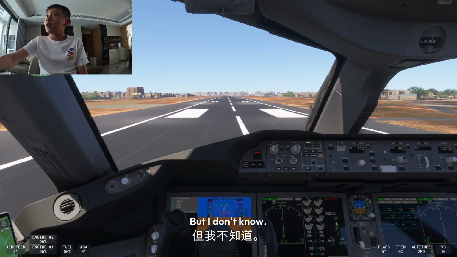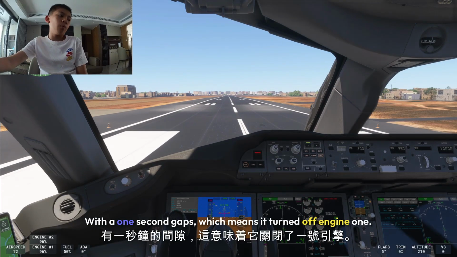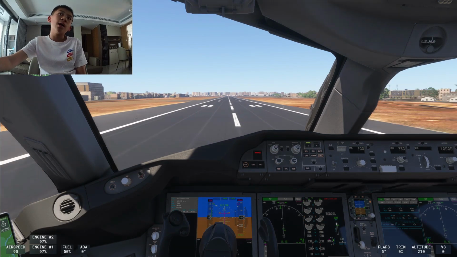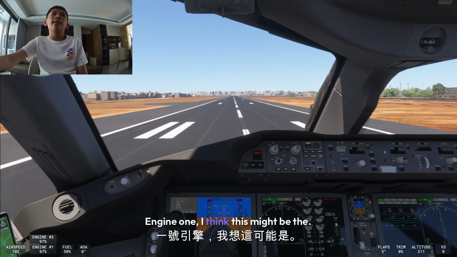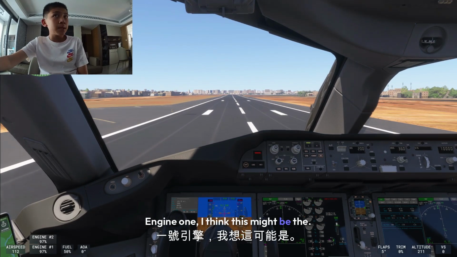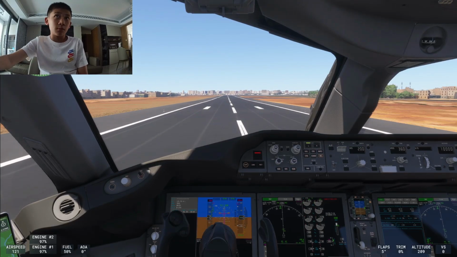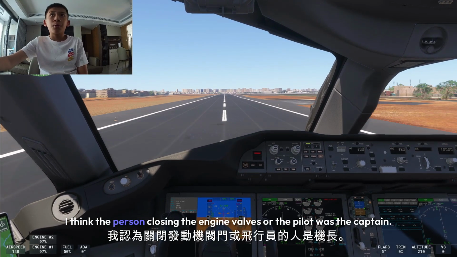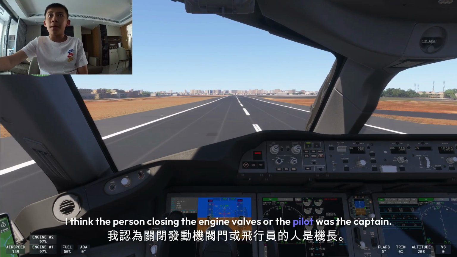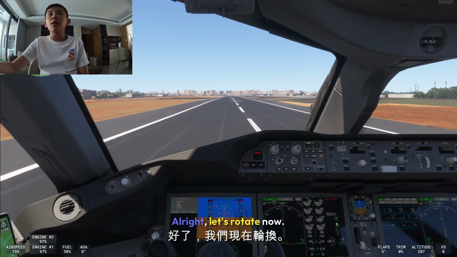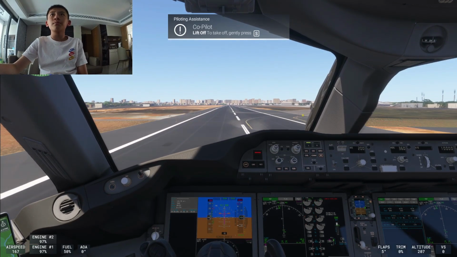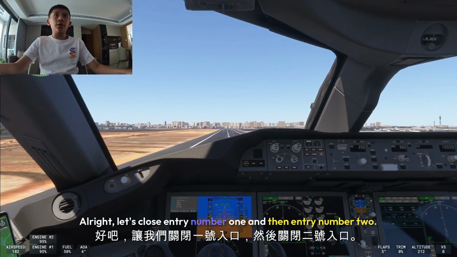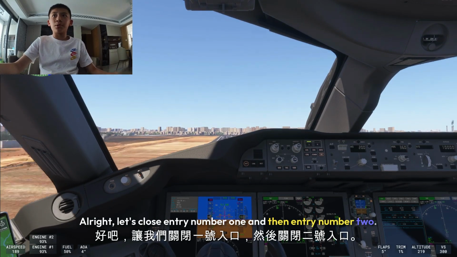But I don't know. With a 1 second gap, which means it turned off engine one first. I think the person closing the engine valves, the pilot, was the captain. Alright, let's rotate now. Alright, let's close engine number 1 and then engine number 2.